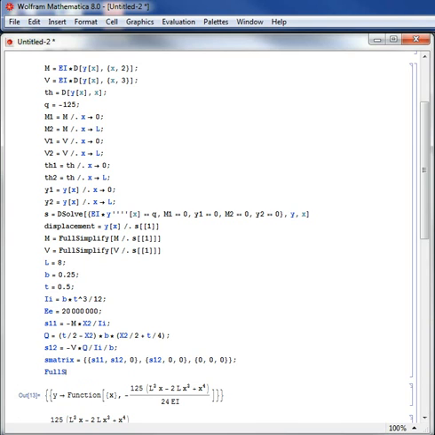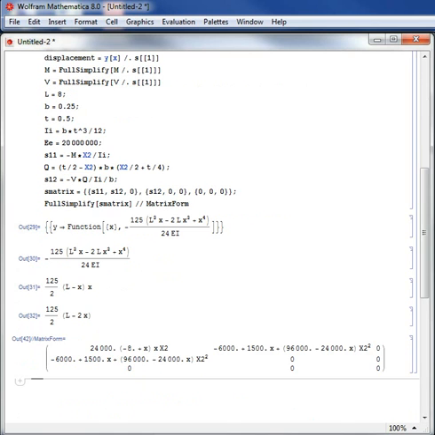Let's fully simplify our stress matrix and view it in matrix form. Here's the stress matrix, a function of x1, which I'm writing as small x, and x2, the horizontal coordinate and the vertical coordinate.